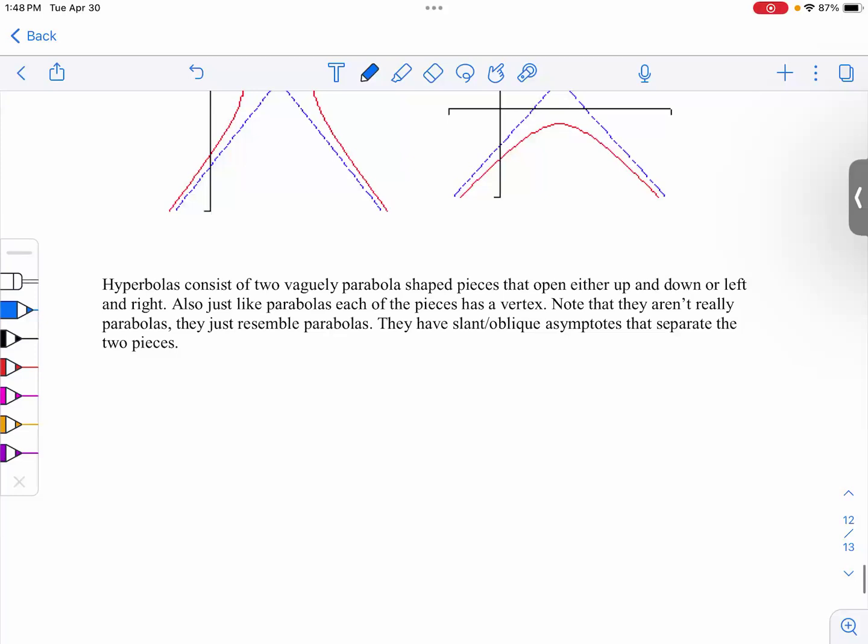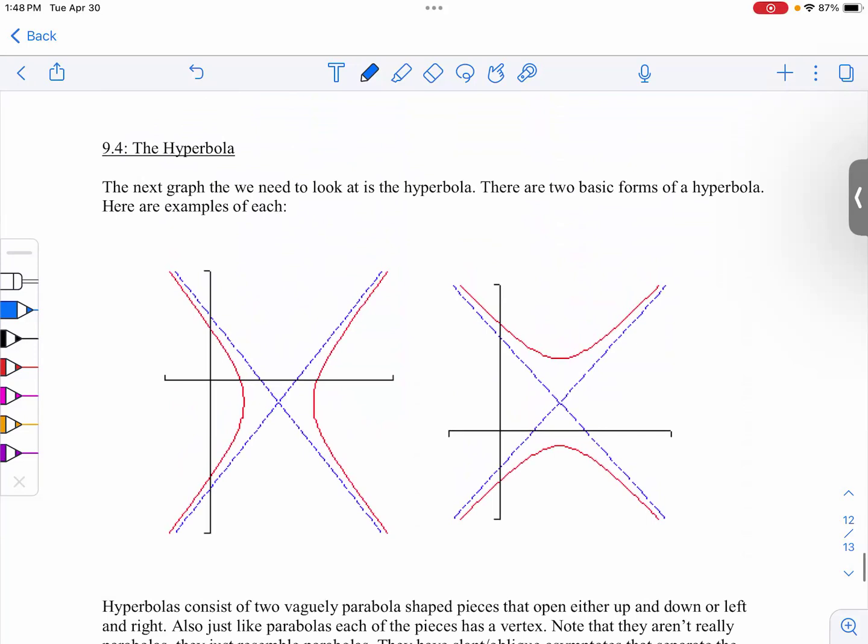They kind of look like parabolas, either two sideways parabolas or a parabola open up and open down. What's interesting about these is that these dashed blue lines I have written here are asymptotes. Specifically, they're slant asymptotes. An asymptote, if you recall, is something that gets very, very close, but then never touches it. So these parabolas are actually restricted on those sides of the asymptotes.